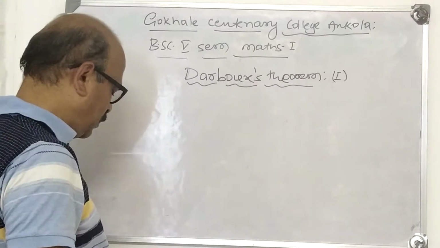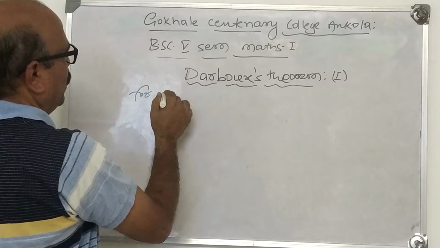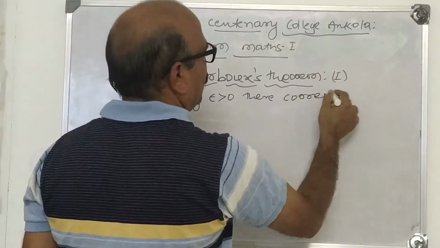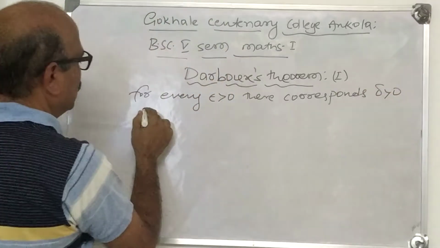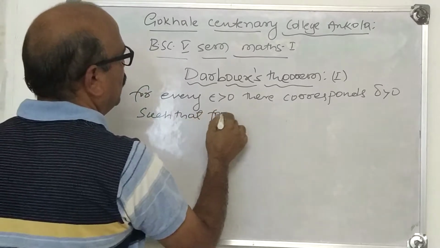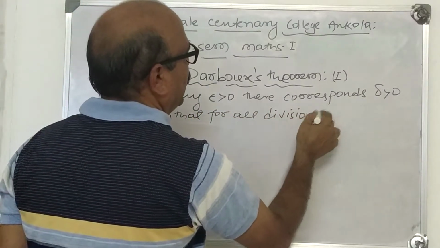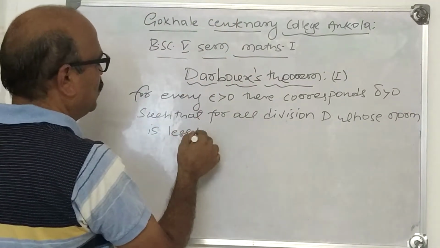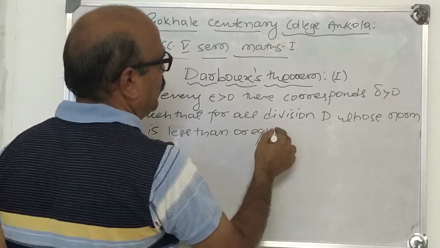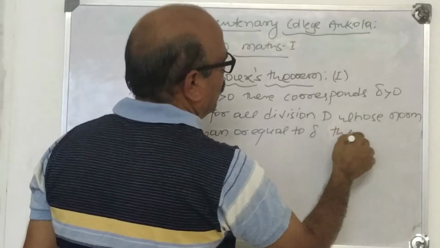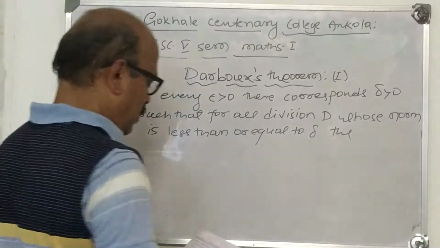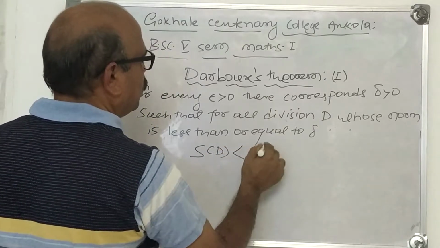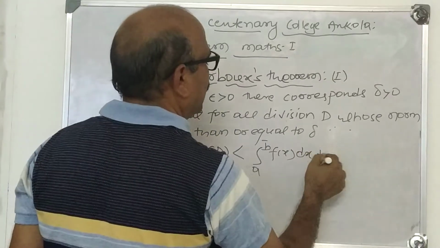First theorem is like this. For every epsilon greater than 0, there corresponds delta greater than 0 such that for all division D whose norm is less than or equal to delta, the set of all upper sums is less than the upper integral of f(x) dx from a to b, plus epsilon.